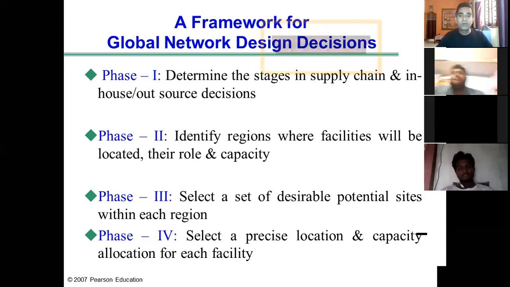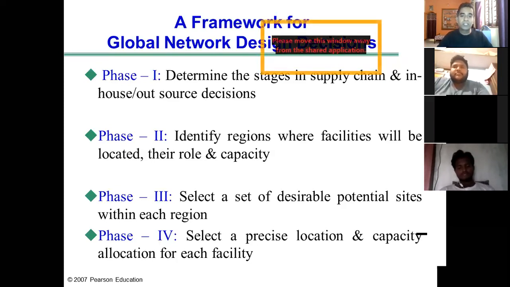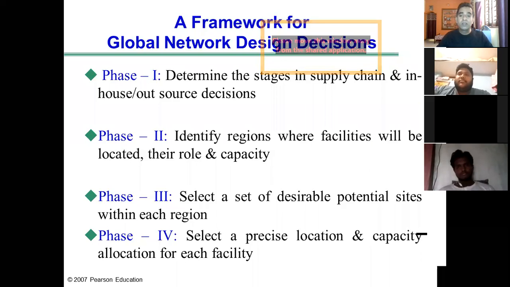And in phase 4, it selects a precise location for its facilities and capacity allocation for each facility. Okay, so we are going to learn in detail about the 4 phases in the next slide, and thereafter we are going to have one more illustration of how a company selects a set of desirable potential sites and allocates capacity to each of the facilities.